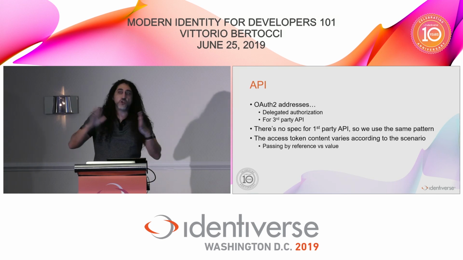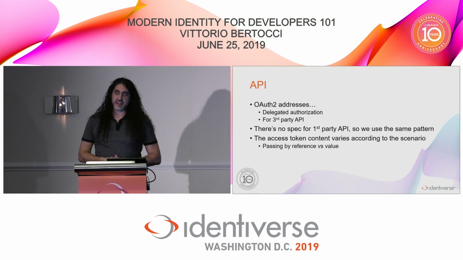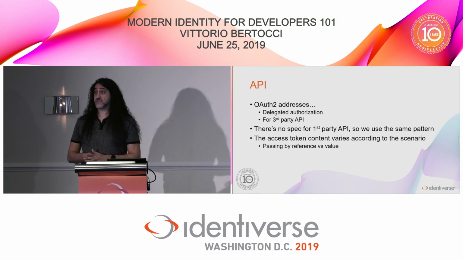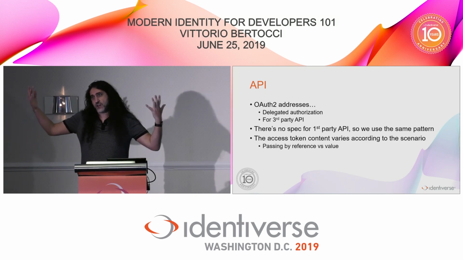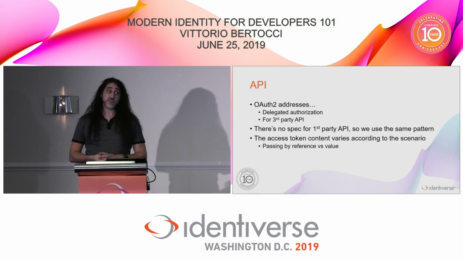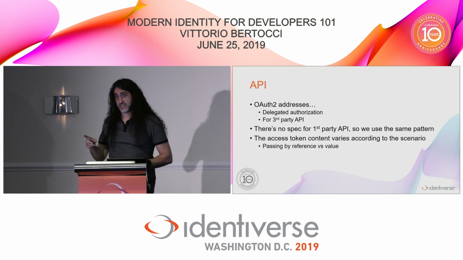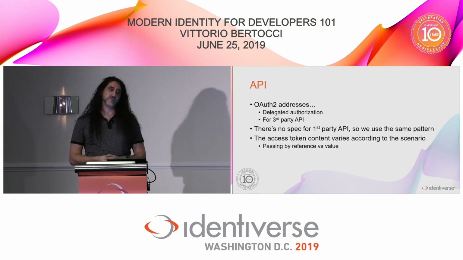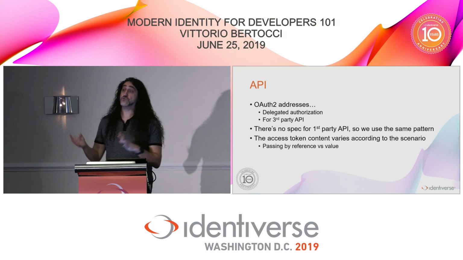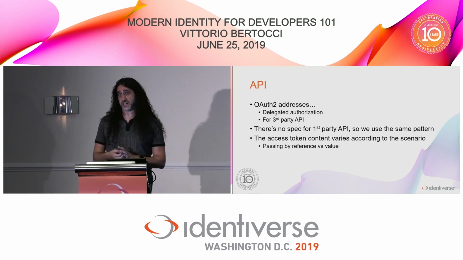But there is no specification that tells you how to do it for first parties, which is fine because for first parties, in theory, you can do whatever you want. If you have your own client and your own API, go ahead, do whatever you want. But the thing is that most people, rightfully so, don't want to reinvent the wheel. So they want to use the same middlewares, or even for third parties, the same security models and similar. And so what happens is that they use the same principles also for calling first-party APIs.